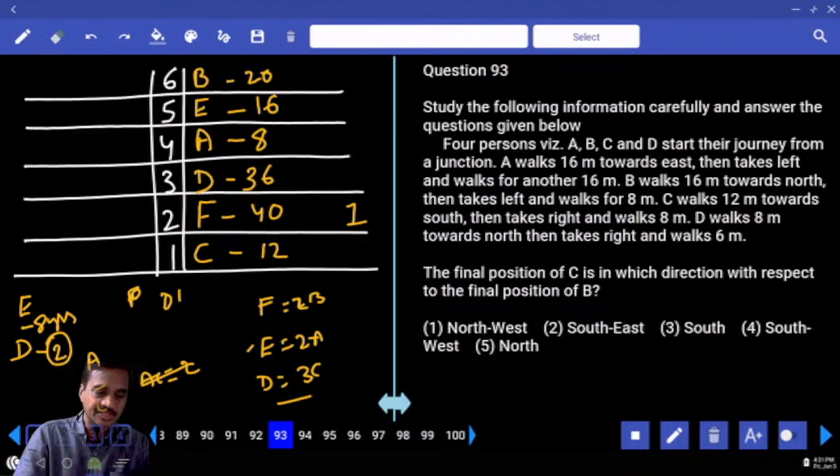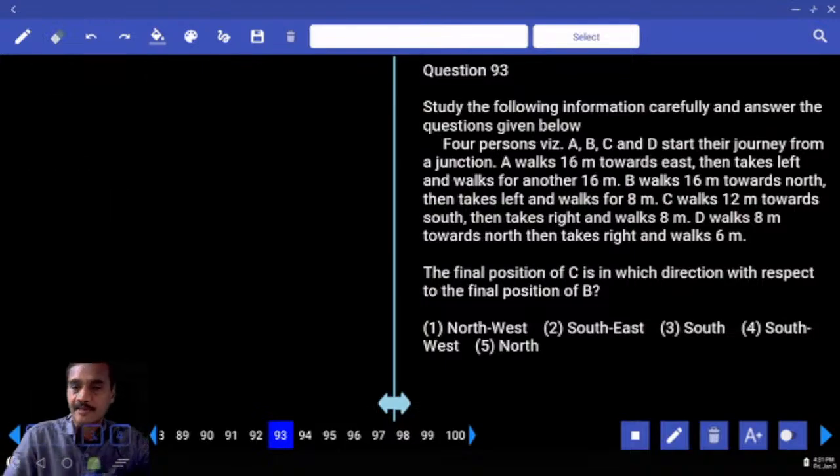Now it is based on directions, 3 questions. First priority, 4 persons A, B, C and D start their journey from a junction. All these persons start their journey from this junction J.